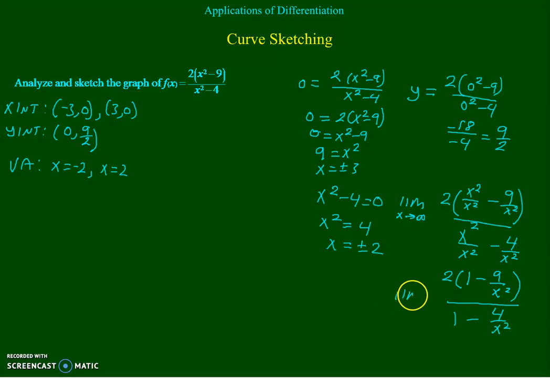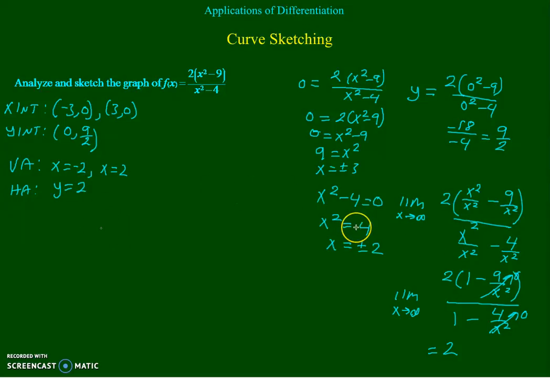When I take that limit, this goes to 0, this goes to 0, and we have 2 times 1 over 1, which is just 2. So we know that our horizontal asymptote is at y equals 2.